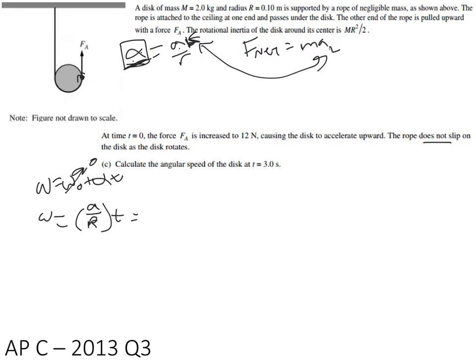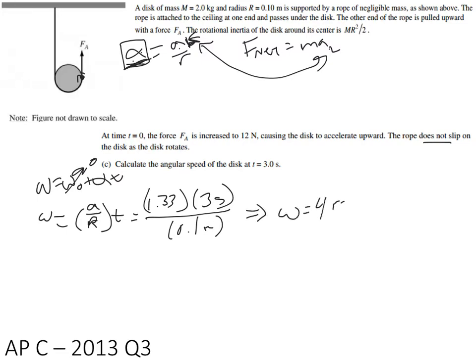Plug and chug, and we should get 1.33, 3 seconds, and r was 0.1. So this should be about 4-ish, I think. Oh, sorry, 40. Yeah, sorry, that was my mistake.